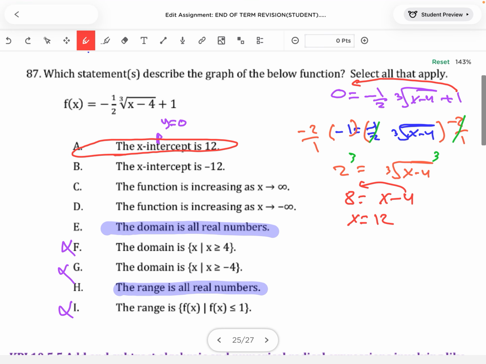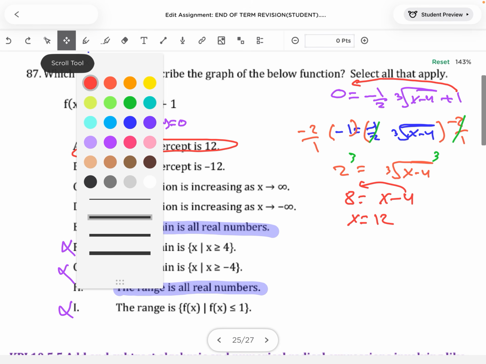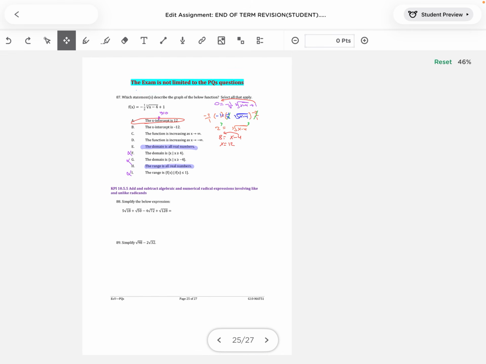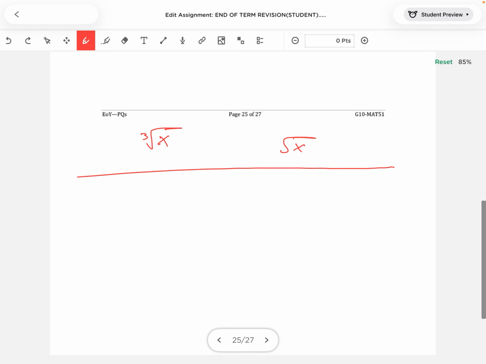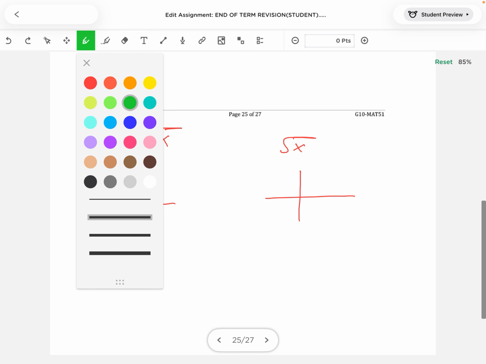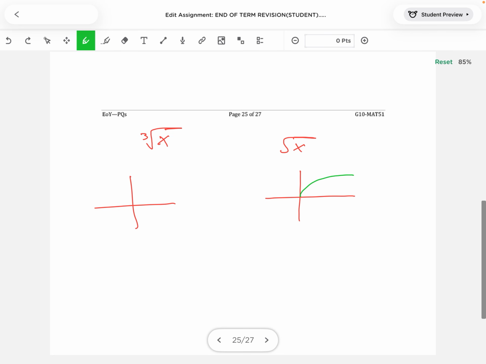Now the last thing. Is the function increasing or decreasing? Let me show you the general graph of square root and third root. I will do it here. Radical x, the square root of x, is like this, and the third root is coming like this.